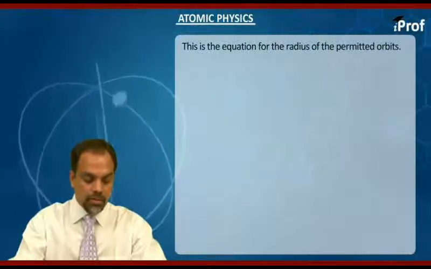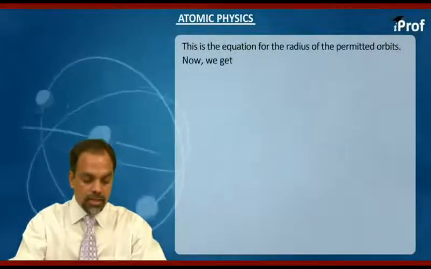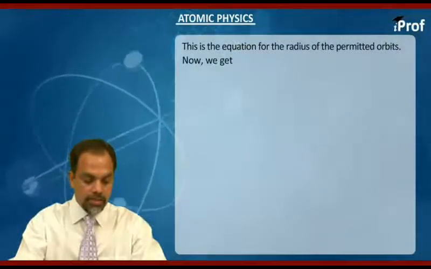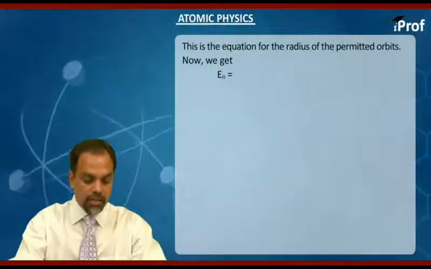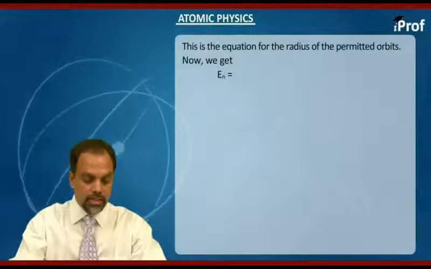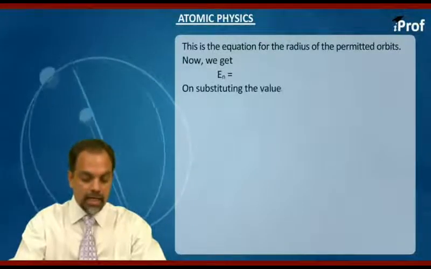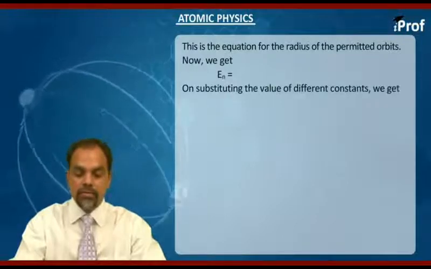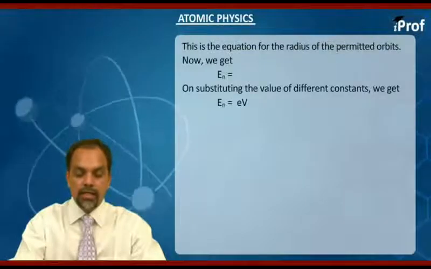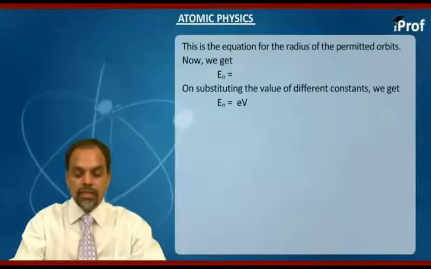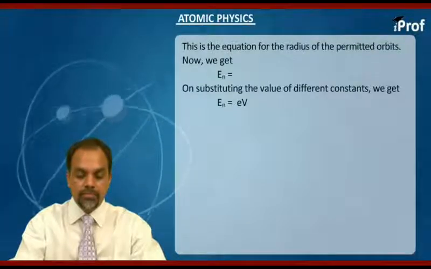Now, using the law of circular orbit, we can write half mv square equal to k Ze square upon 2r, and that gives the value of energy of the electron in its orbit: En is equal to minus k Ze square divided by 2r.